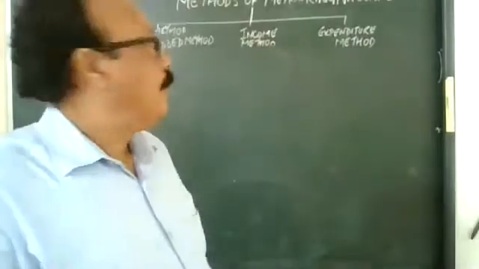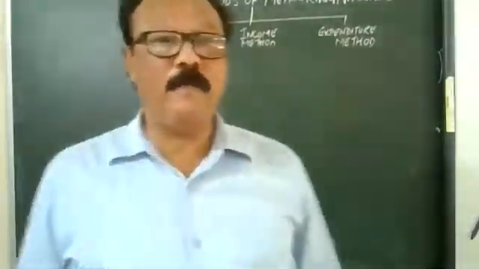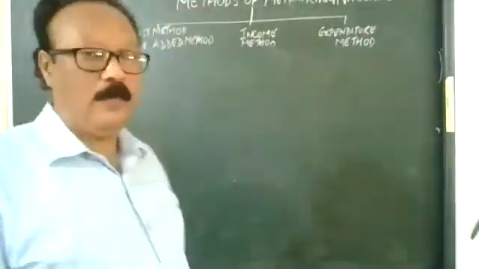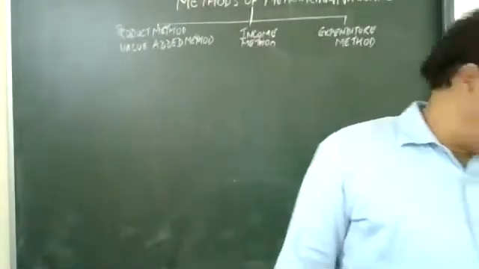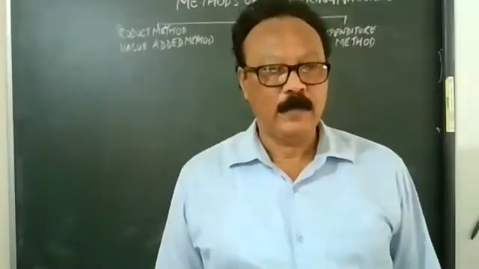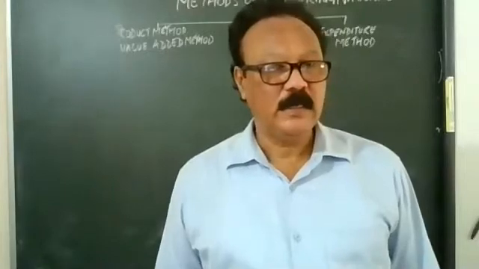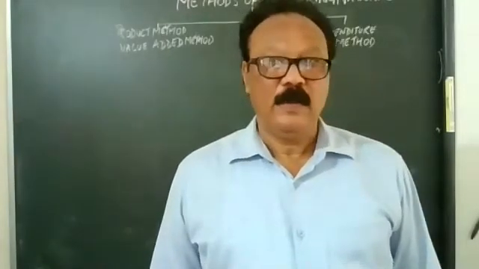Today, we are going to study the methods of measuring national income. Now, corresponding to the three phases of the circular flow. What were the three phases of the circular flow? Production phase, income phase, and expenditure phase.